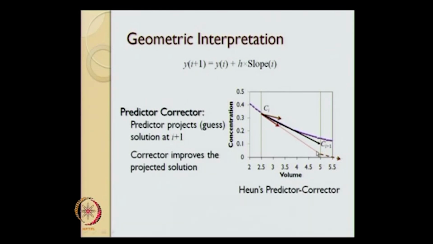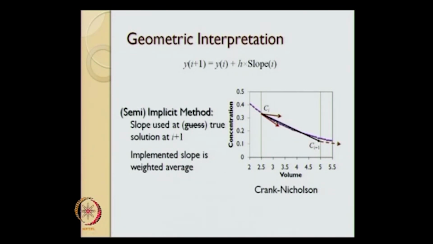This predicted value of C_i+1 is used to compute the new corrected value of C_i+1 the first time. This slope at C_i+1 is used to get the average again, giving the next corrected C_i+1, and so on and so forth. We use this prediction and correction multiple times in order to finally get C_i+1. And then we talked about the Crank-Nicolson method.